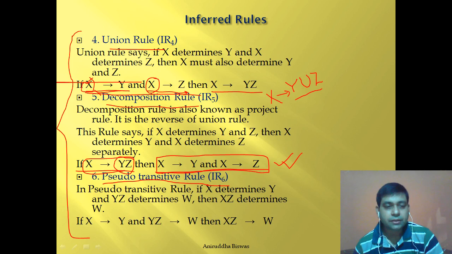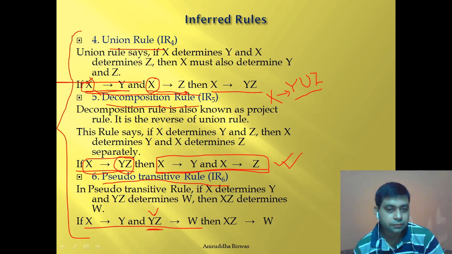Here first two relationships we see, X determines Y, so Y is the subset, and YZ determines W. Alone Y is not determining W, but Y union Z, this is determining W. So according to third rule, it was like X determines Y, Y determines Z, so X determines Z. But here X determines Y, YZ determines W, then in this YZ there is a part called Y, and in this particular functional dependency, X is the superset of Y. Suppose Y is 1, 2 and X is 1, 2, 3.